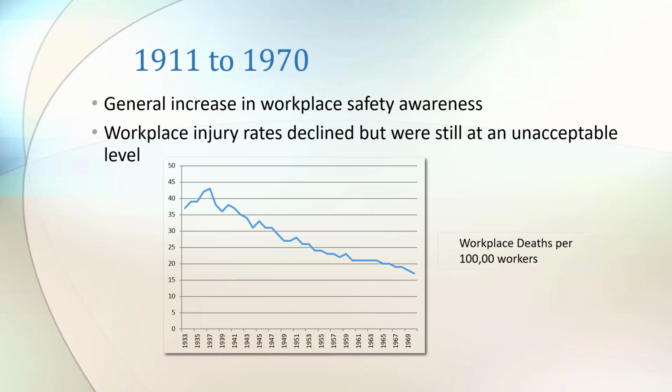So if you go to the year 1966, we'll say, and you follow up, the chart shows that there were 20 injuries per 100,000 workers in America. That's how that rate is figured out.